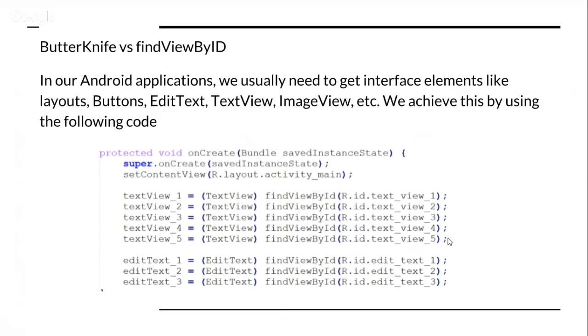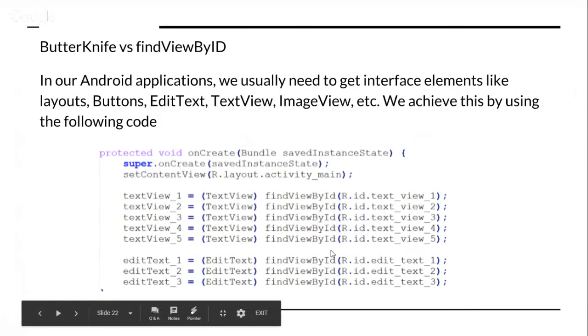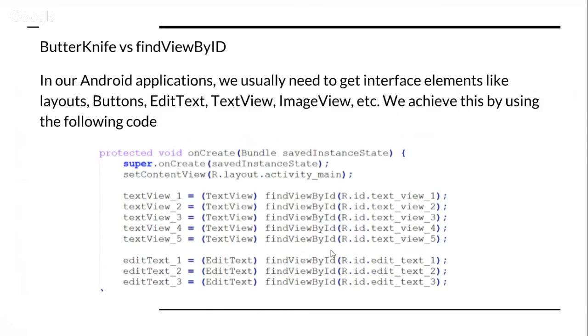This is pretty hectic. Why do we need to write such a huge code? Maybe there would be a library which really solves your problem. So there is a library called Butter Knife, which solves this problem.